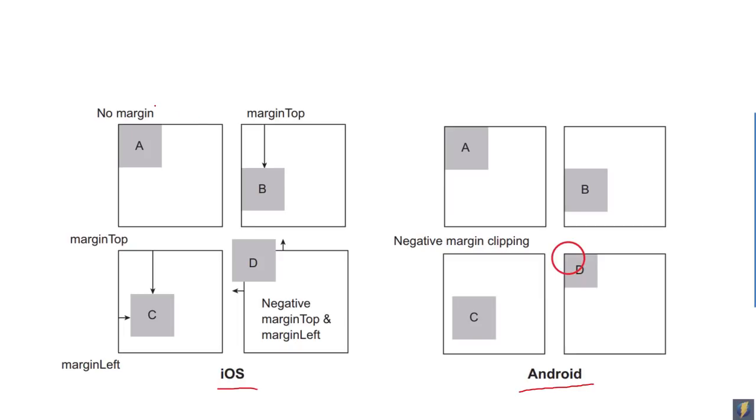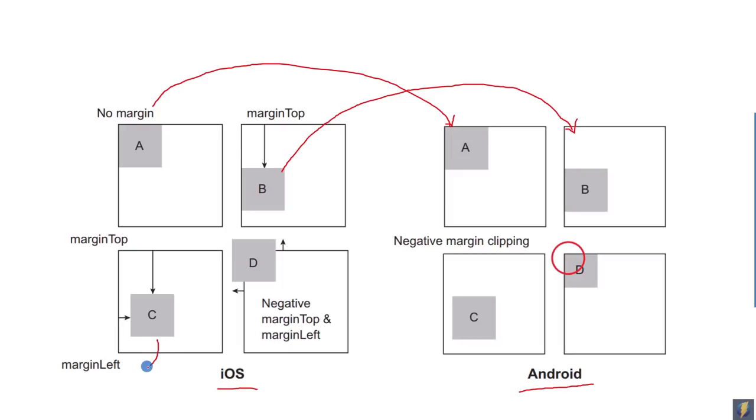The first one is no margin. If the margin is 0, the display is the same. If you set some margin top, the display is also the same.